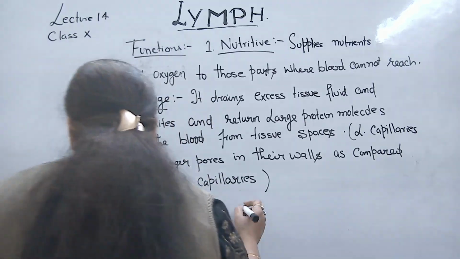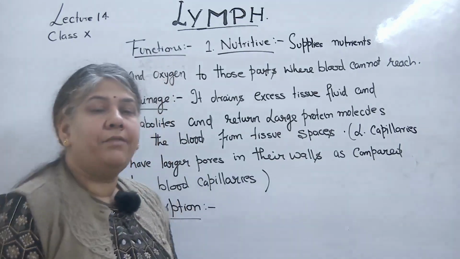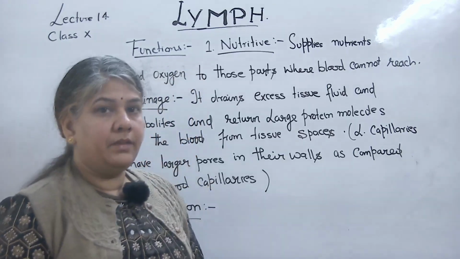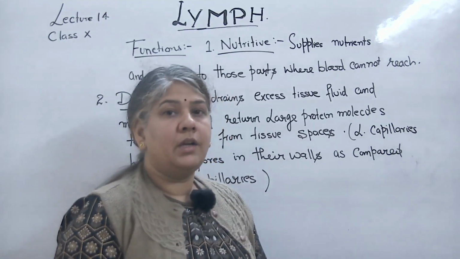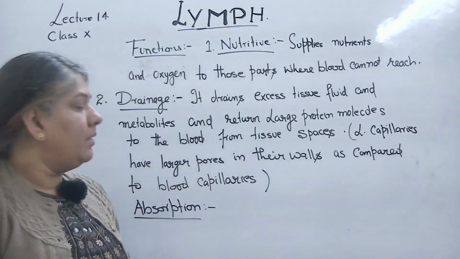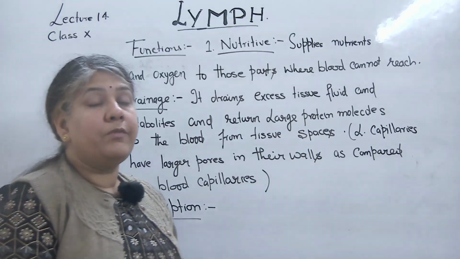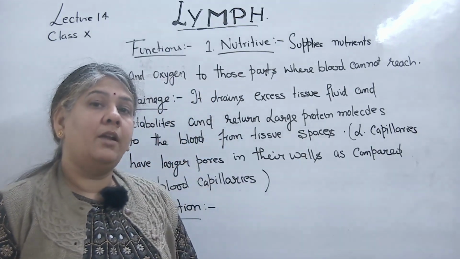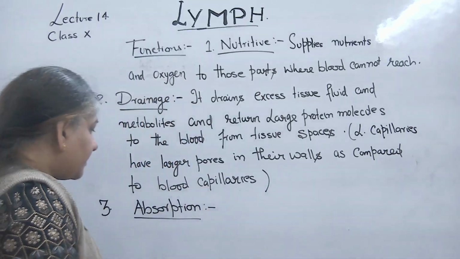See, absorbed fat, which is also a big molecule, so emulsified fat, which is digested into glycerol and fatty acid, again these are big molecules, they cannot enter the blood capillaries, so they will enter into these lymph capillaries. The lymph capillary which is present in the intestinal villi is called lacteal, that we discussed earlier.